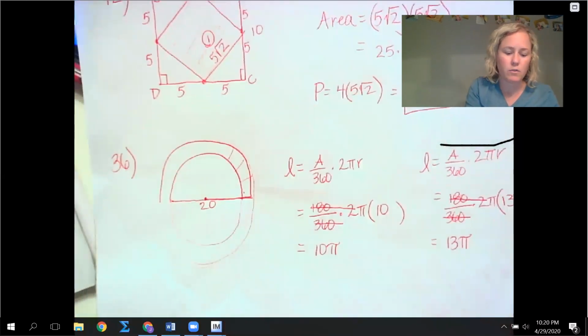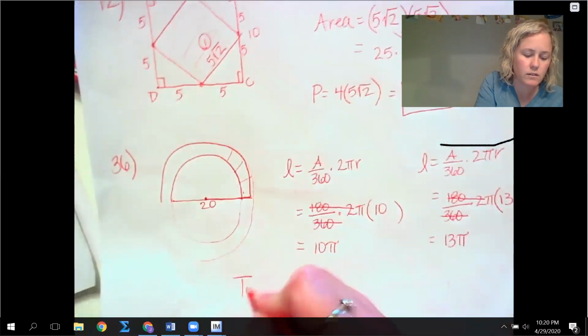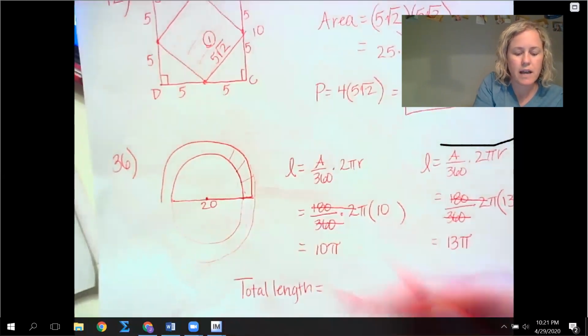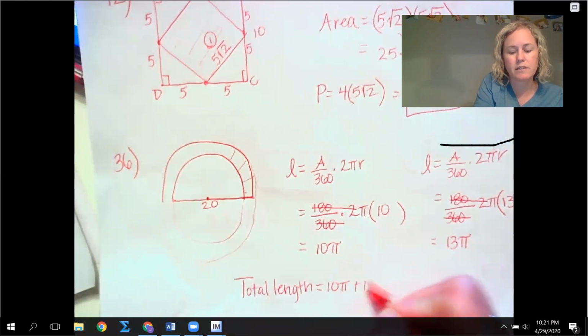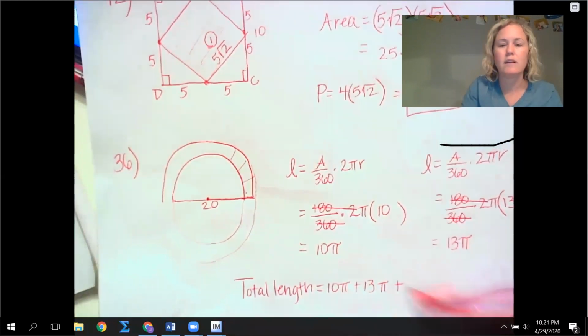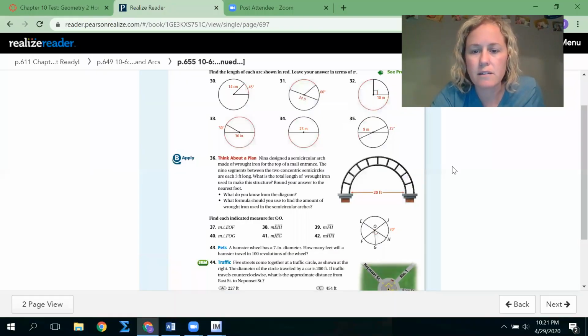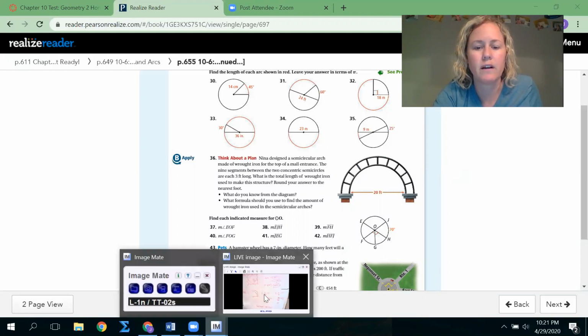Okay, so total length is 10 pi plus 13 pi plus, let me double check, I think there were 9 rungs. Yep, 9 rungs, and those are each 3 feet long.